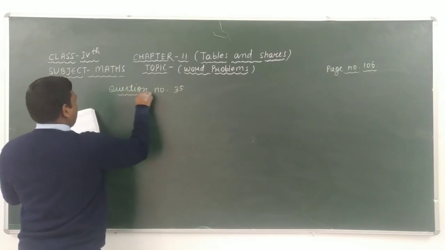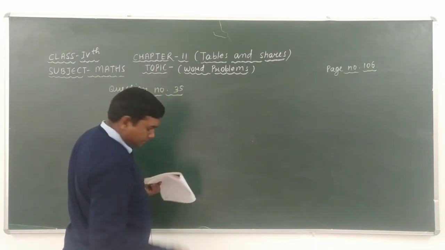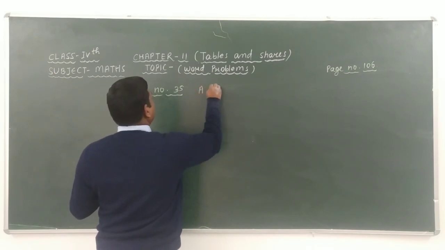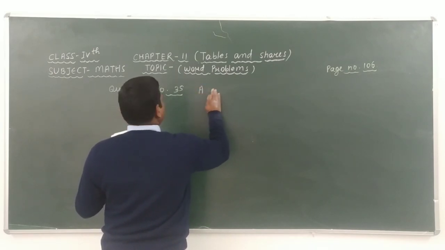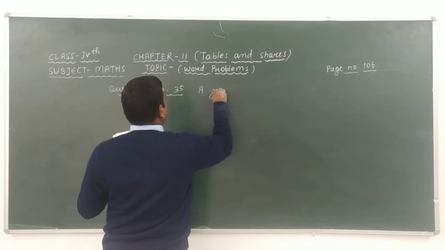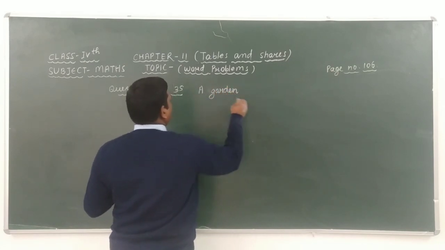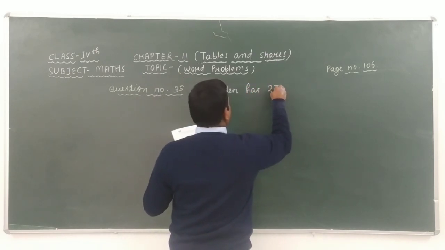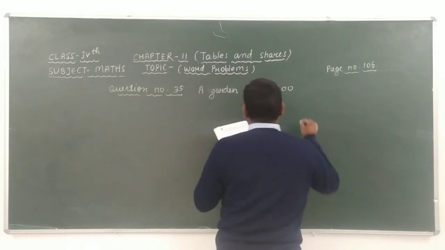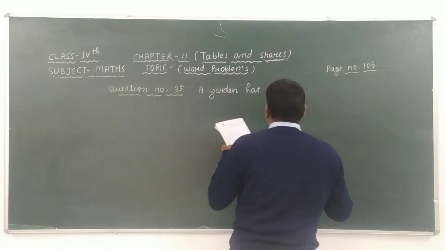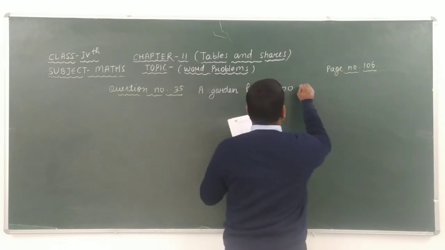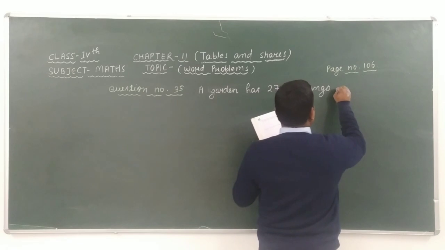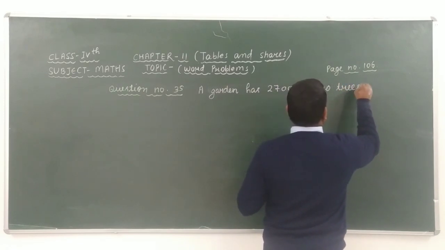Question number 35 is: a garden has 2700 mango trees.